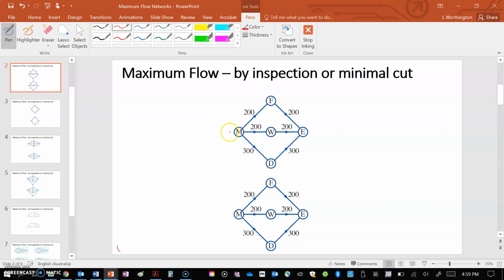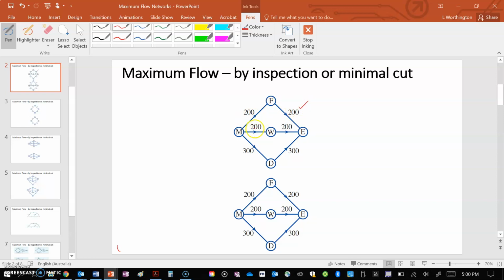So if we're starting here with our reservoir, we've got each of our edges here and they have the maximum flow that they can take down into our sink. And by inspection, we're just looking to see how much each of these can actually get from the different edges that lead into them. So, for example, this edge has 200 and then 200, so we can actually meet that whole number there.